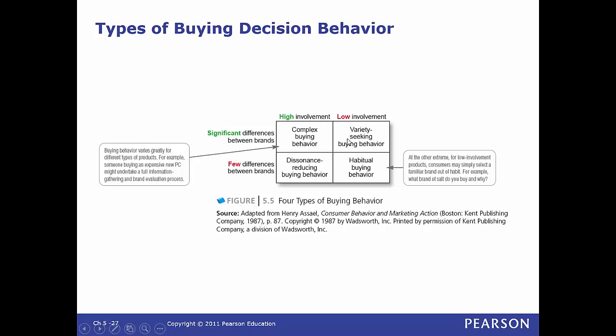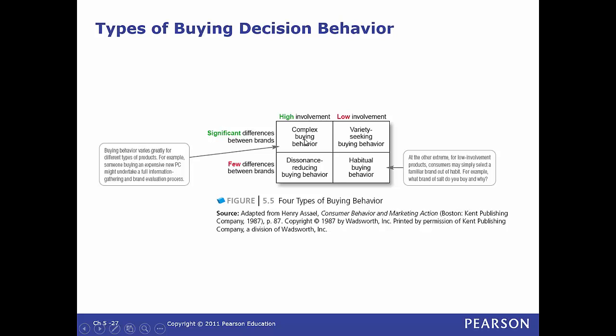Complex buying behavior is the behavior consumers use when they want to buy an expensive product and at the same time there is a significant difference between different brands that produce the same product.